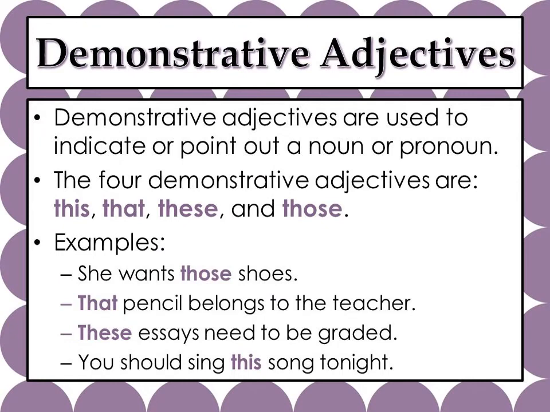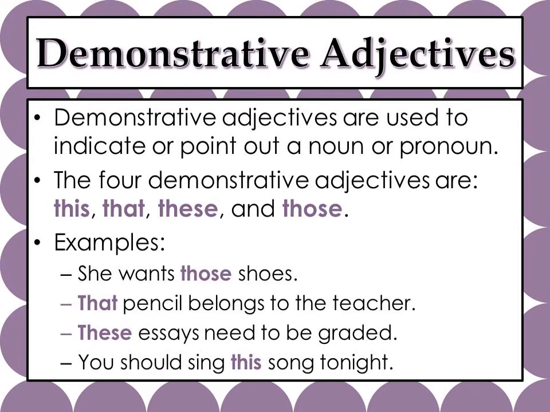Demonstrative adjectives. As the name suggests, it demonstrates or points out or indicates a noun or a pronoun. For example, this, that, these and those. Example, she wants those shoes. Shoes is the noun here and we are pointing at it.